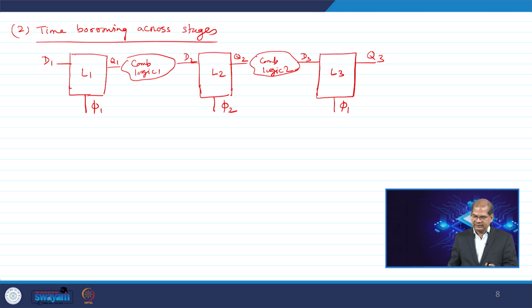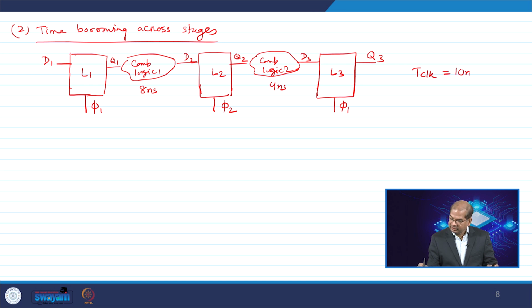Let us say this delay is 8 nanosecond, same example, and here it is 4 nanosecond. The only difference is that your combinational logic 2 is 4 nanosecond, your T clock is 10 nanosecond, T non overlap is 0 and T D to Q maximum is also 0.